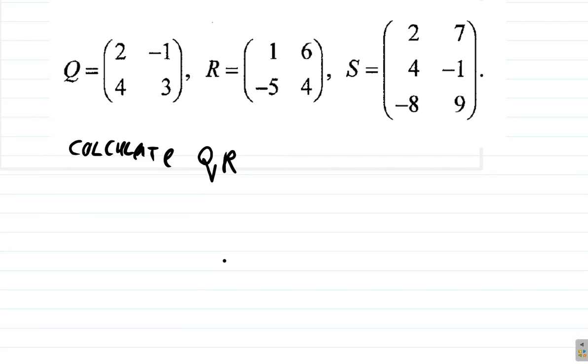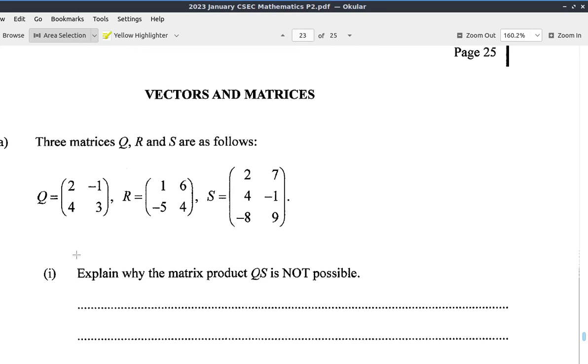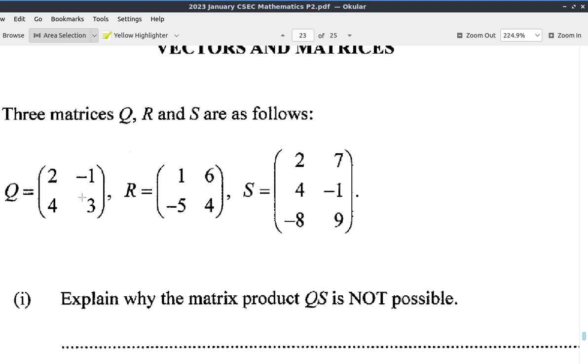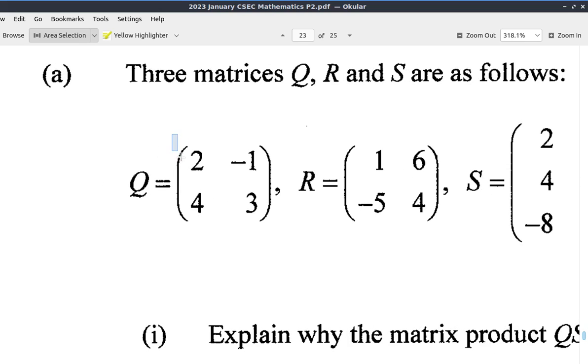Ready for QR. Q is 2, -1, 4. Oh, by the way, let me just copy Q instead of writing it. Q is this.